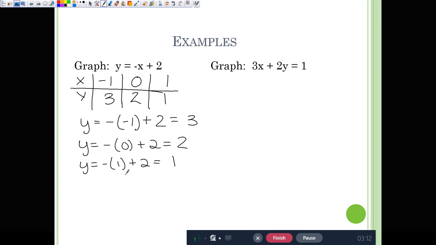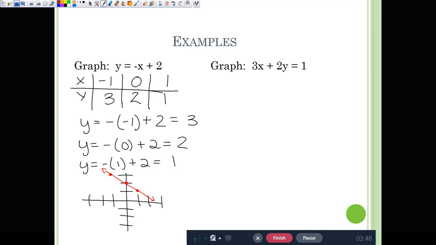Now I'm going to draw my graph. Plot my points. So my x value is -1, my y value is 3. My x value is 0, my y value is 2. My x value is 1, my y value is 1. Draw my line. And then we're done. Okay?